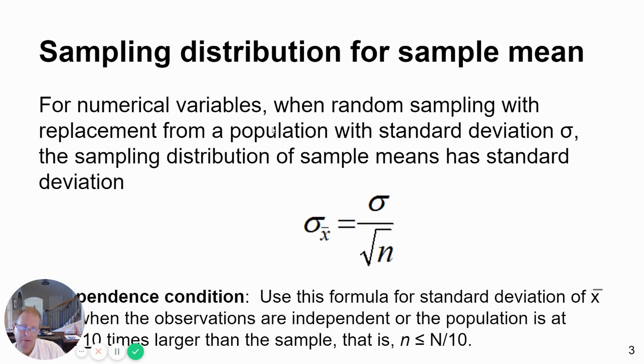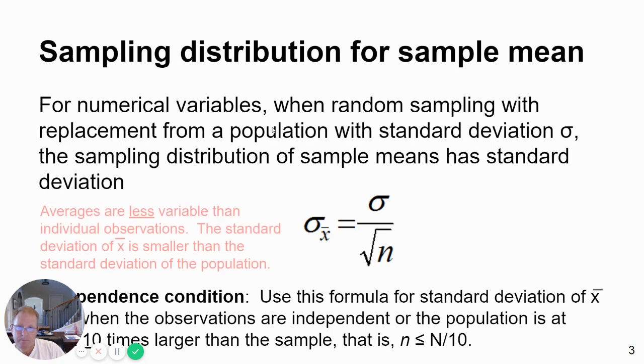If the sample size is small compared to the population size, then the use of this formula is okay. This tells me that averages are less variable than individual observations. So the standard deviation of x bar is smaller than the standard deviation of the population.